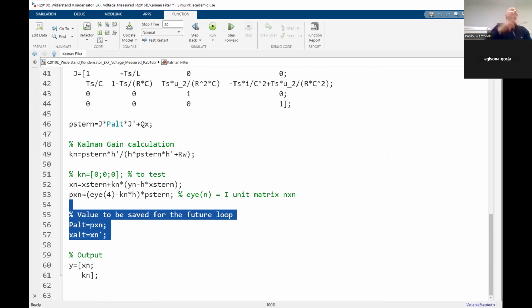Basically, at the beginning, I define P alt and X alt as persistent. This is close to the concept of persistence here, because in the file of last time, I did the recursivity outside using this max, using this line that goes out and goes again in input.